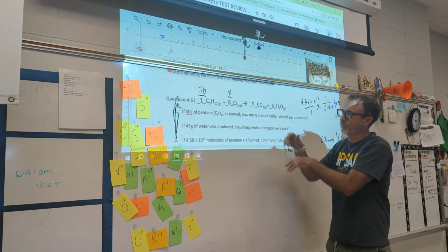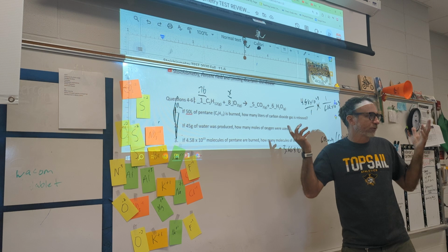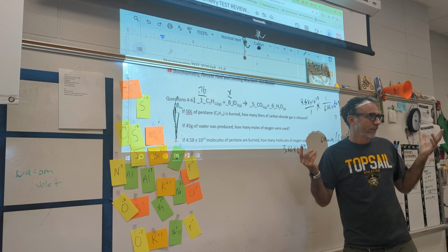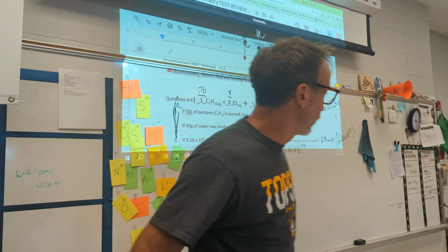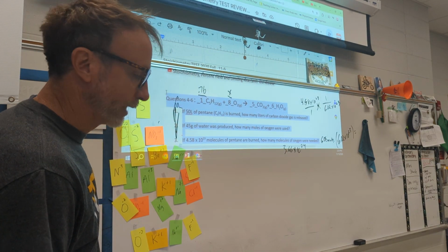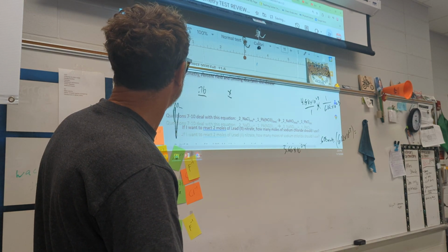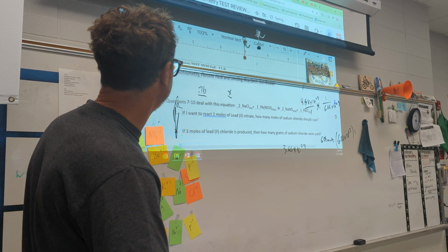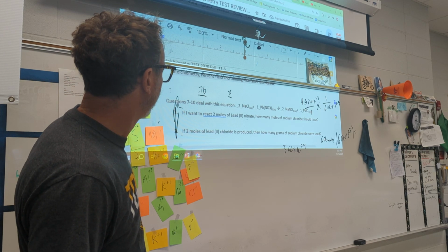So these first 6 problems, that's all the different types of problems. Until we get to limiting reactants and stuff like that, if you can do what we've done so far, you can do anything.